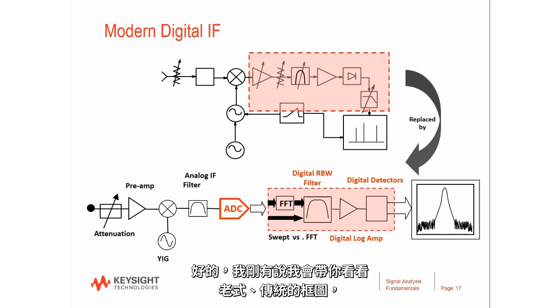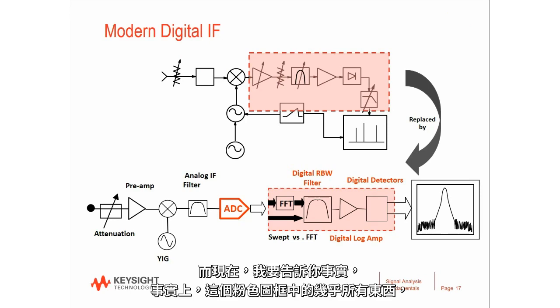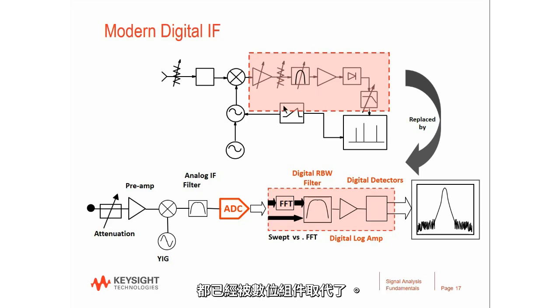Okay, well, I told you earlier that we were going to walk you through an old-fashioned traditional block diagram, and now I'm going to tell you the truth. The truth is that almost everything in this pink block has been replaced by digital components.